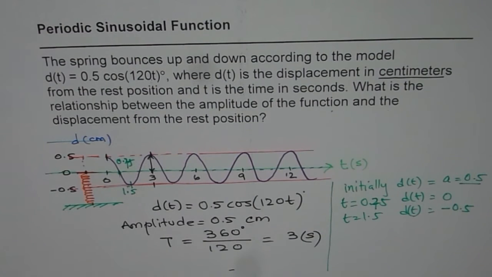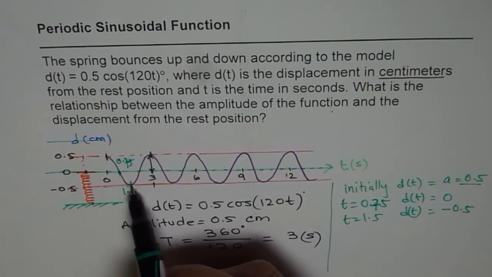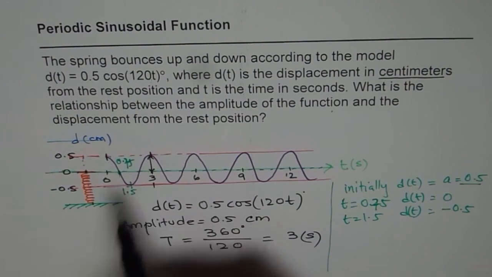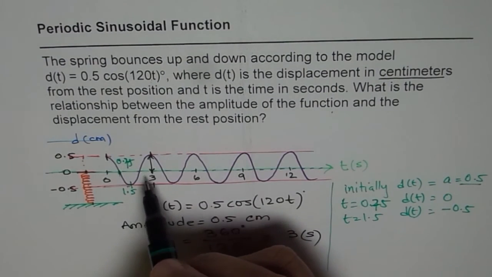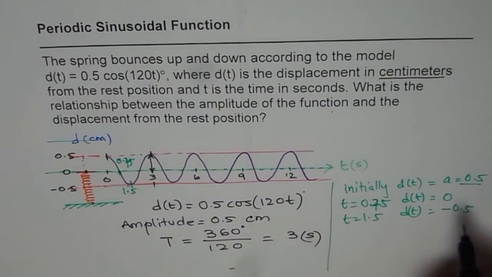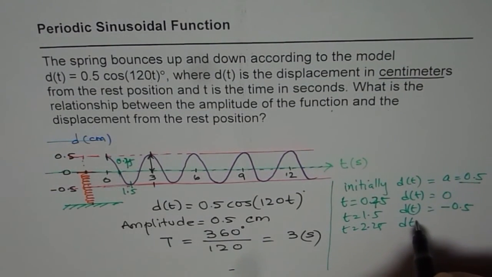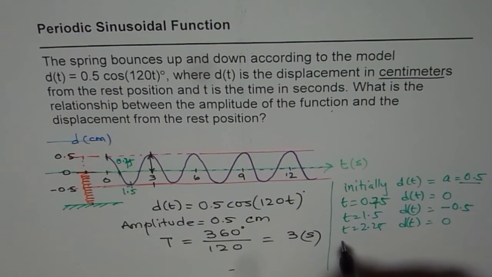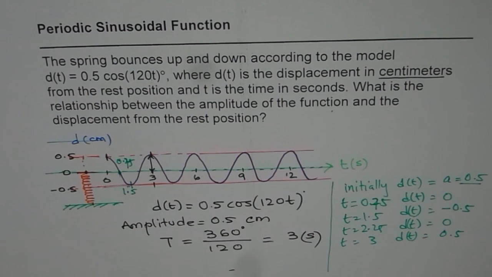Displacement is a vector quantity, it has direction, and then it increases positively, comes closer, right? So when t equals 2.25, then again displacement is 0, and at t equals 3, displacement is the same as the amplitude, which is 0.5, and then this cycle repeats.